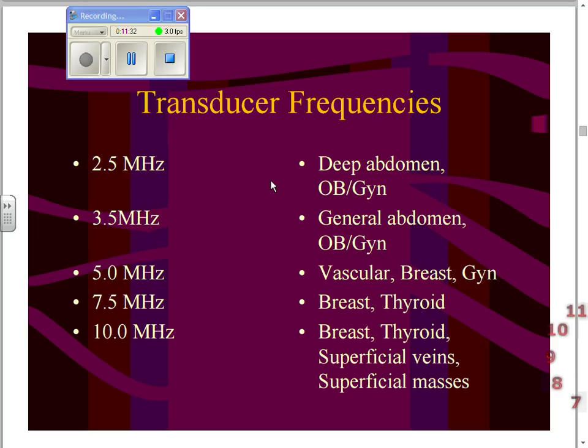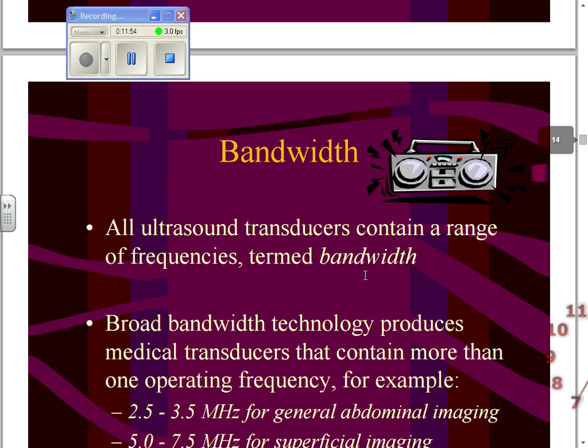And so 2.5 megahertz is used for obstetrics and gynecological work and for deep abdomen. General abdomen, and obstetrics to gynecology is 3.5. 5 megahertz can be breast, vascular and gynecological and so on. You don't need to reproduce those for this course. Doesn't hurt to know them.